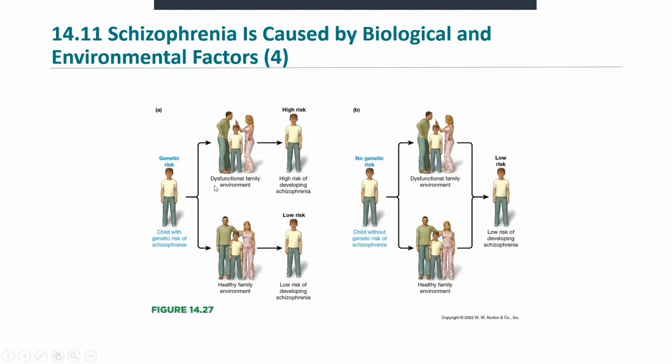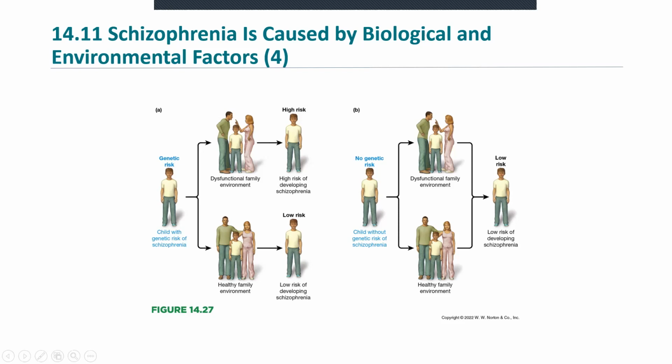And then if they also grow up in a dysfunctional family environment, and I will say that my family was somewhat dysfunctional, which may have brought on my sister's schizophrenia, but anyways, this person would have a high risk of developing schizophrenia. The same person, though, that has the bad genetics, if they grow up in a healthy, loving family environment, would have a low risk of developing schizophrenia.